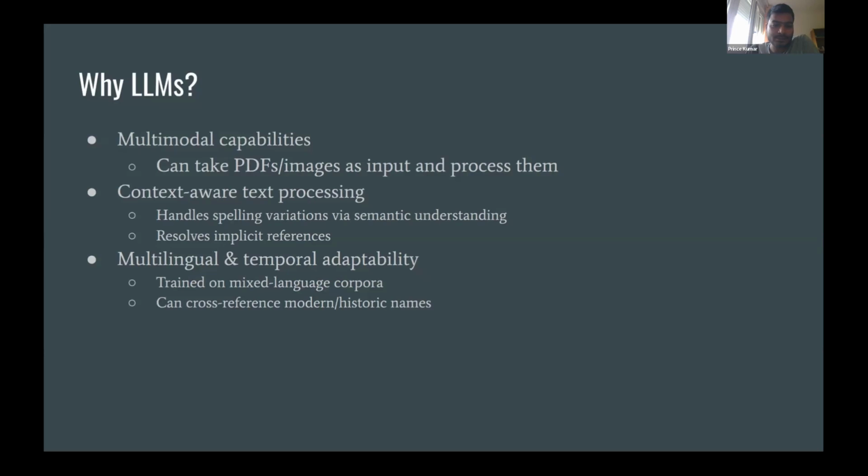The implicit references, the multilingual corpora that I'm dealing with, and the historical names, the names that have changed over time, toponyms. All of these an LLM should be able to handle very well.